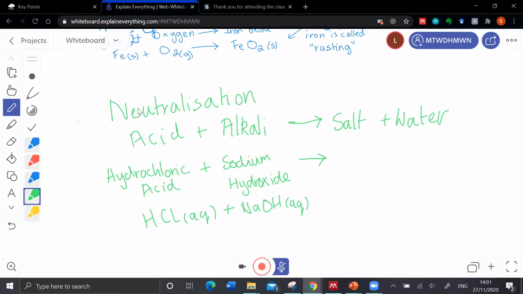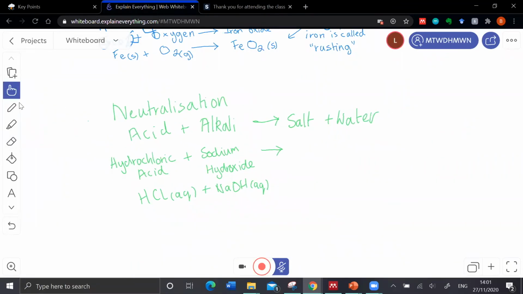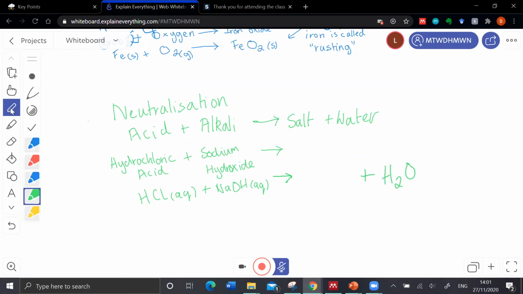Acids and alkalis, as we said before, are aqueous. We have to produce water, so we know that. So something plus water, H2O. The H and this OH are gone, so we actually produce sodium chloride plus water.